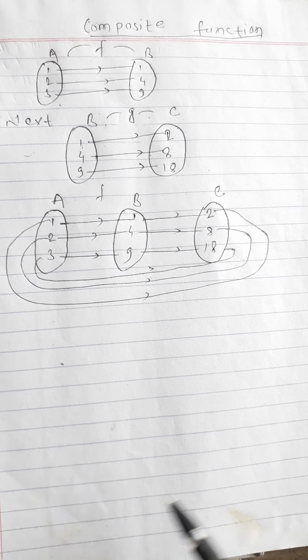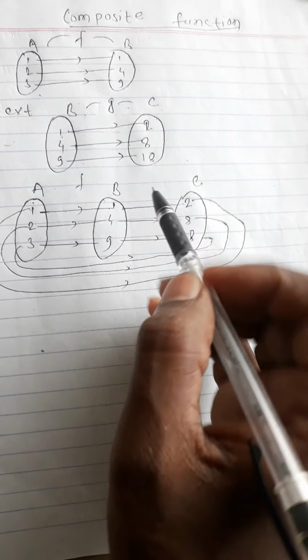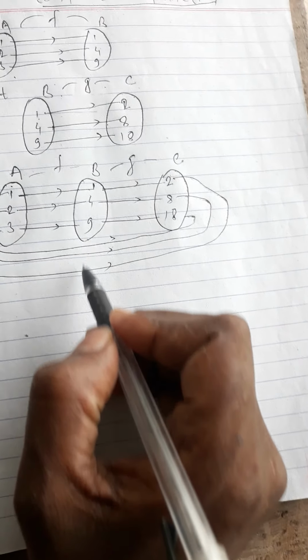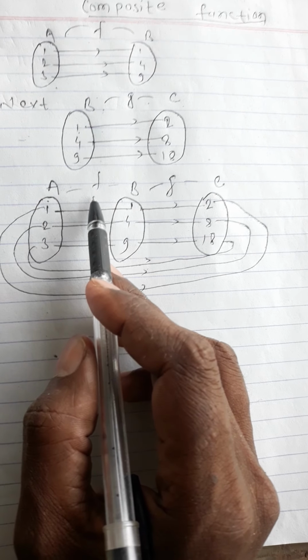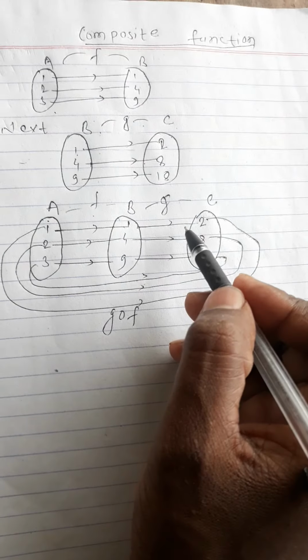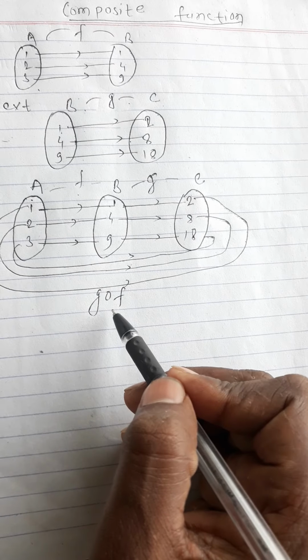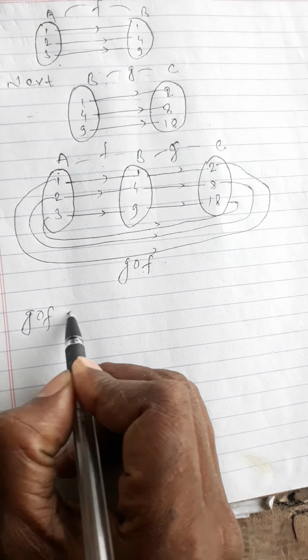So this is said to be the composite function defined from A to C, and it is denoted by G operation F. At first there is F, after that there is G, so this composite function is denoted by G operation F. You can take the G operation F of elements like this: 1 is directly mapped to 2, that's why you write (1, 2).